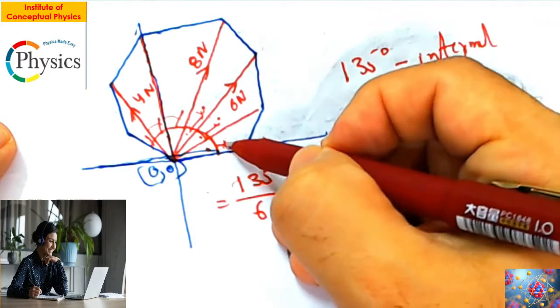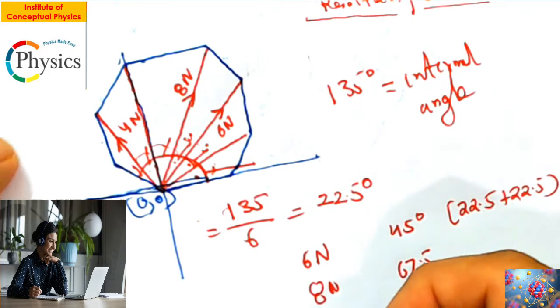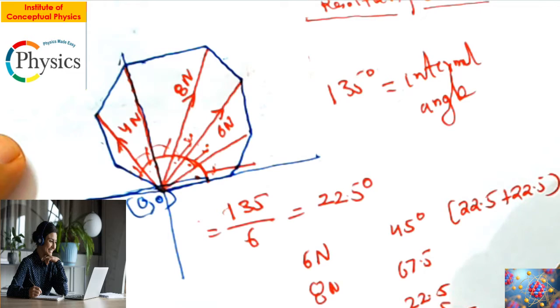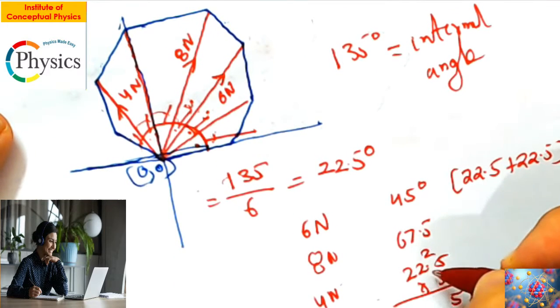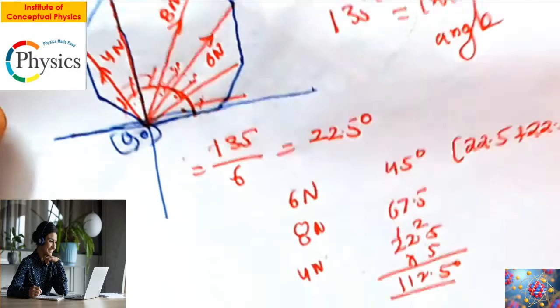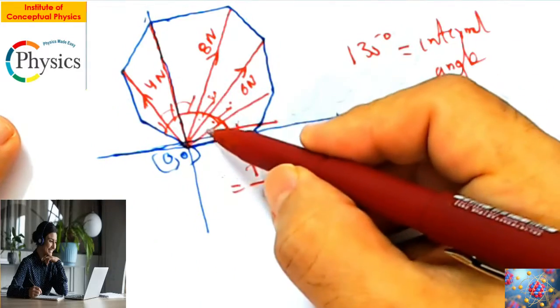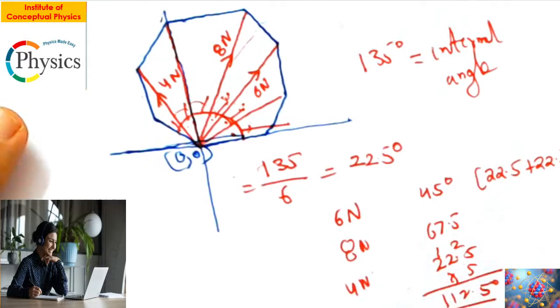Obviously this is 1, 2, 3, 4, and 5, which means we're talking about 22.5 multiplied by 5, which gives 112.5 degrees. So now the angles of inclination of 6 newtons, 8 newtons, and 4 newtons are all known to you.